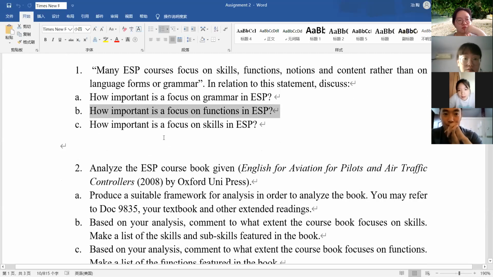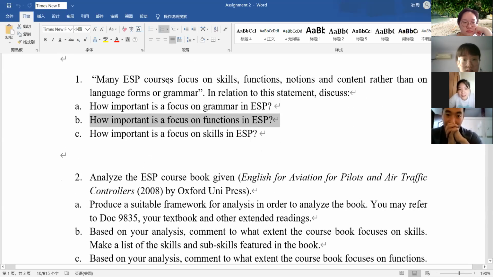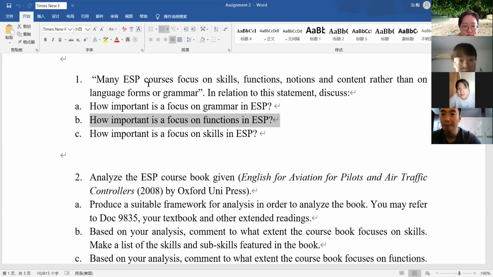How important is a focus on skills in ESP? Okay, let me talk about this question. As Tanta mentioned, the purpose in an ESP class is to develop professional skills, so obviously skills play an important role in ESP. A focus on skills is central in ESP, as we talked about in our first meeting.